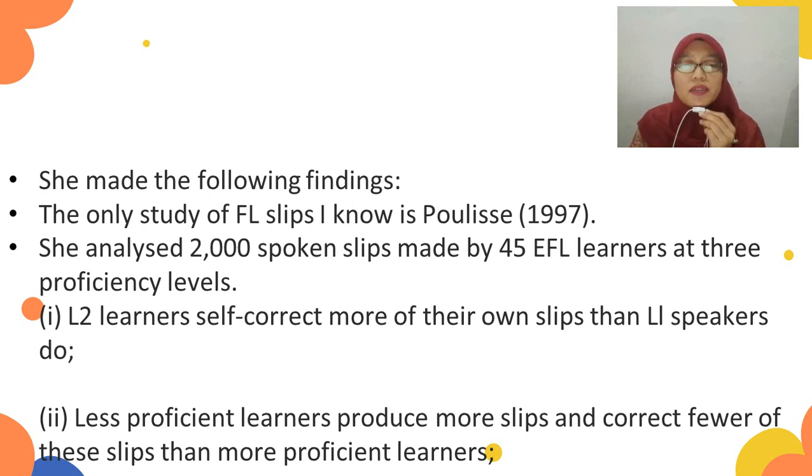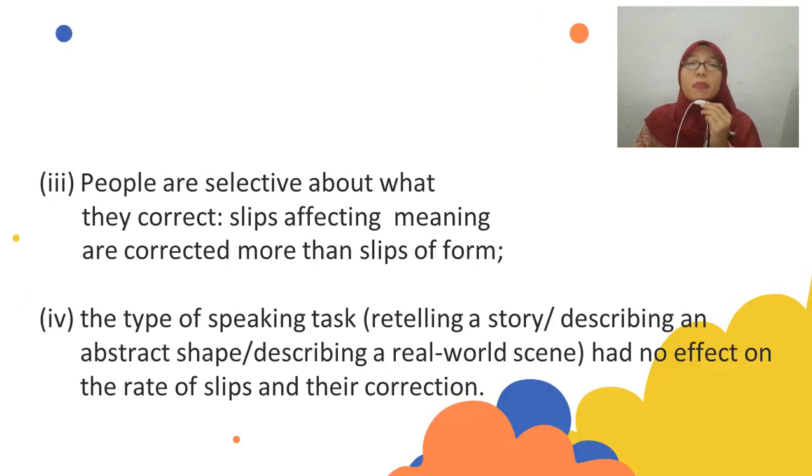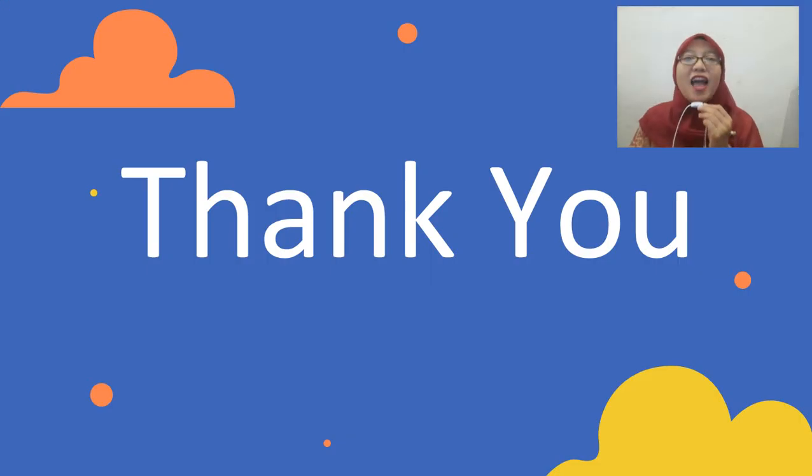Second, less proficient learners produce more slips and correct fewer of these slips than more proficient learners. Third, people are selective about what they correct. Slips affecting meaning are corrected more than slips of form. Fourth, the type of speaking task, retelling a story, describing an abstract shape, or describing a real-world scene, had no effect on the rate of slips and their correction.